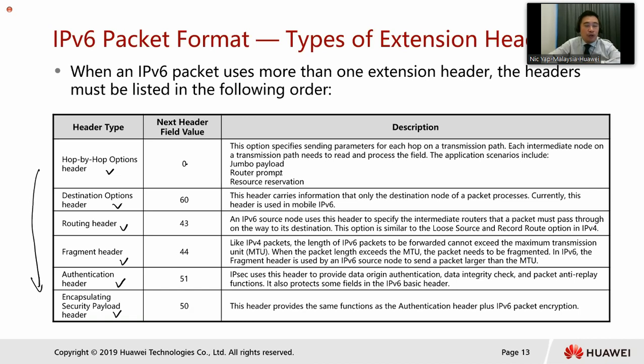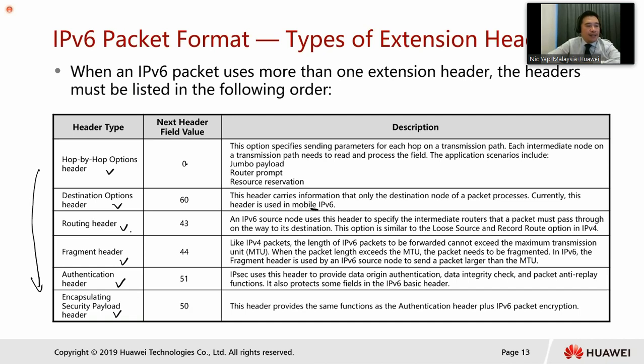Let's say they are sending a jumbo payload or there's a router prompt, they're going to set the hop by hop option inside the headers. So it means that the next hop will be the routers. And destination option headers: this header carries information that only the destination node of the packet processes. Currently, this header is used for mobile IPv6. Okay, if you're using mobile, then you're going to add this destination option header.